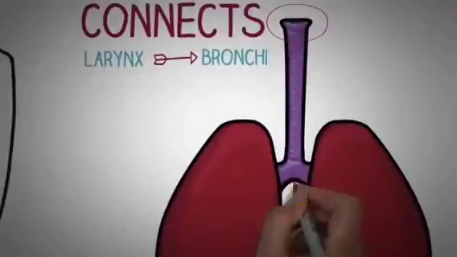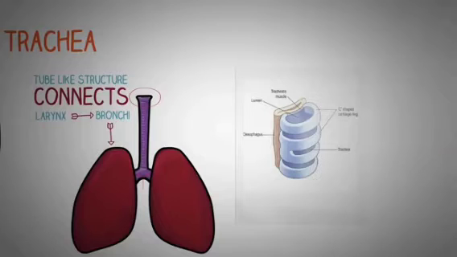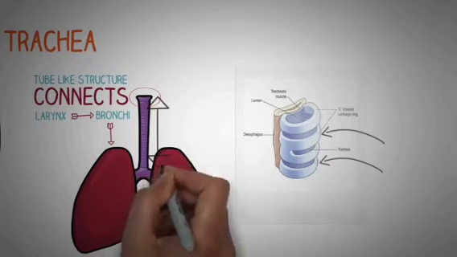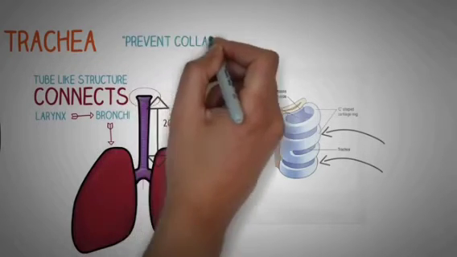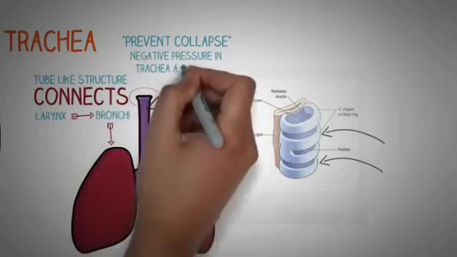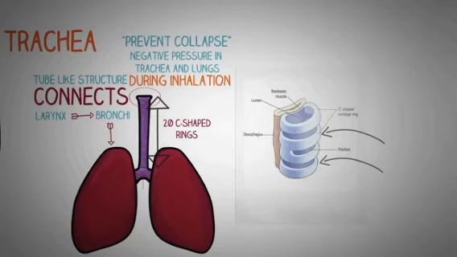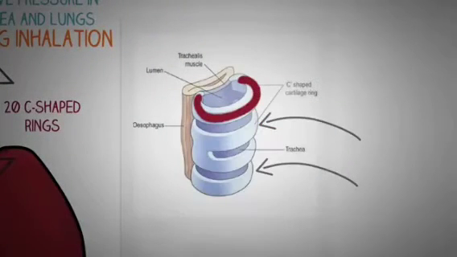The trachea goes to the bronchi, which further divide into the bronchioles. These C-shaped structures help the trachea to expand during excessive inhalation and exhalation, and also avoid collapsing.